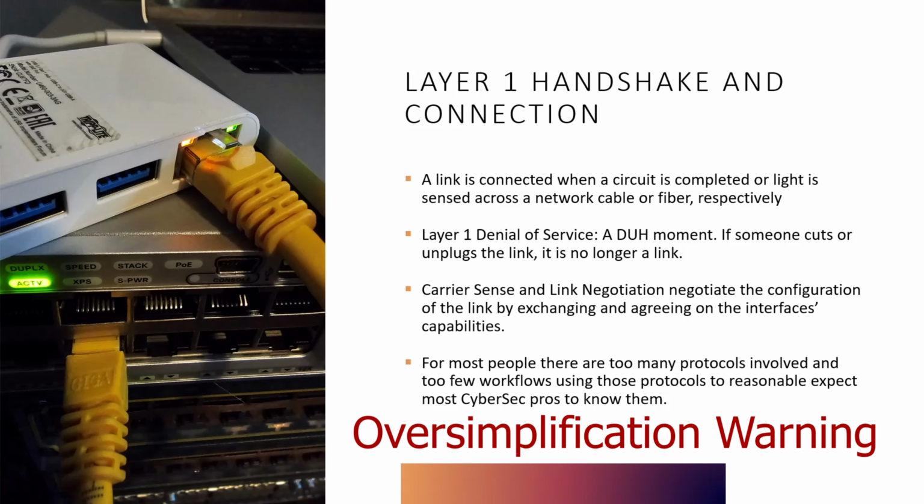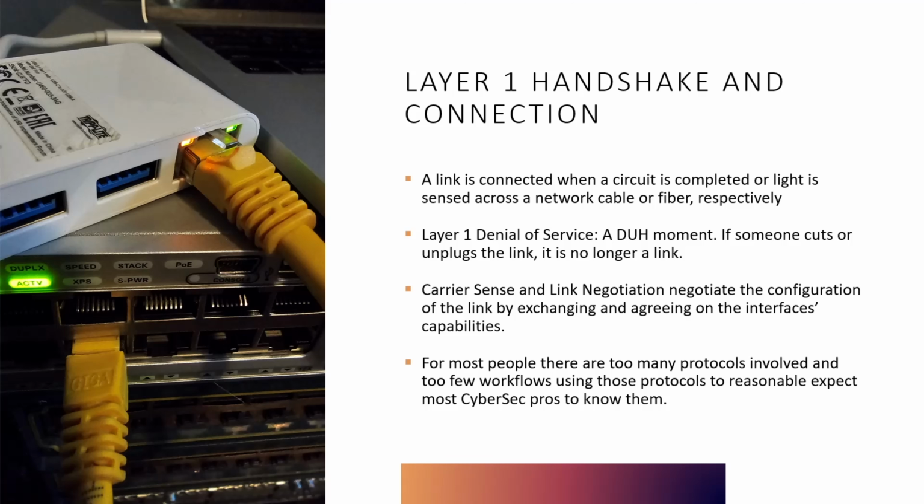I'm going to tell you about carrier sense, and I'm going to use that term very broadly. In modern networks, copper interfaces, meaning RJ45 Ethernet, deduce a connection when a circuit is completed across an Ethernet cable by connecting interfaces to both sides.